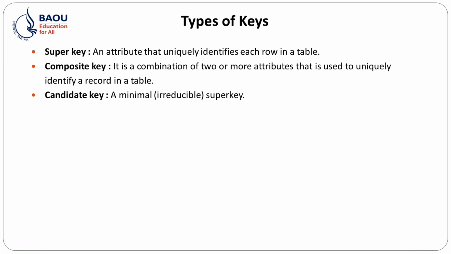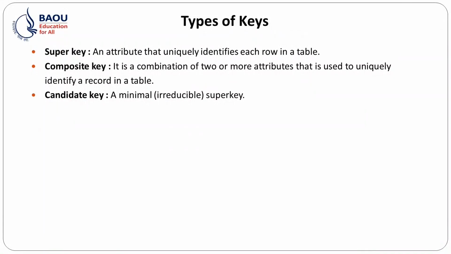Now, what is a candidate key? A candidate key is a minimal super key, or irreducible super key. It means the super key has no proper subset that is also a super key. For example, roll number is individually enough to identify the unique records in the table, or only phone number is individually enough.